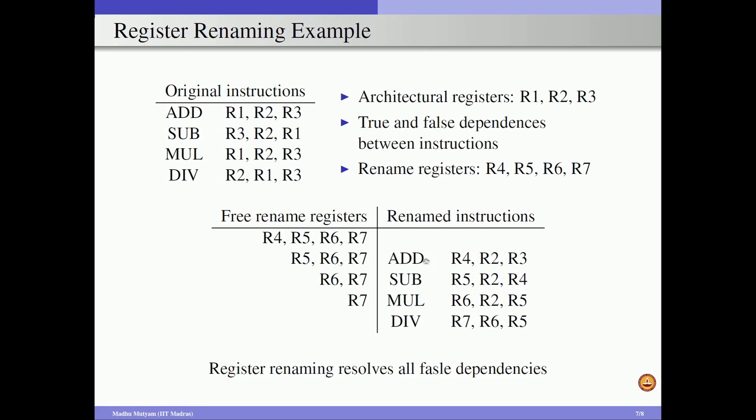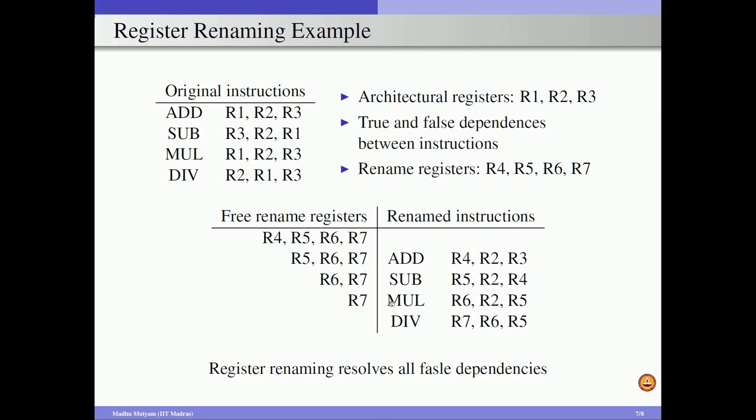So effectively there is a true dependence between add and sub, but there is no other dependence between add and sub, because add is using R2, R3 as source operands, whereas sub is using R5, which is a different register, as the destination register. Of course, there is a dependence between add and sub through this R2, but that is a read after read, so that is not going to create any hazard.